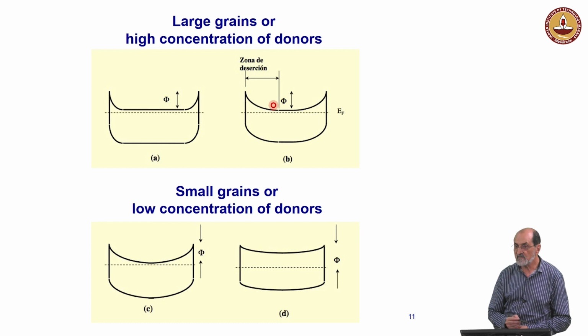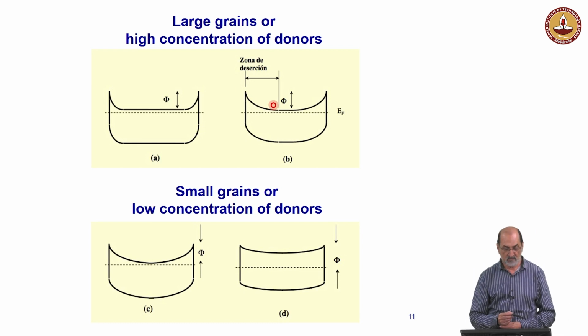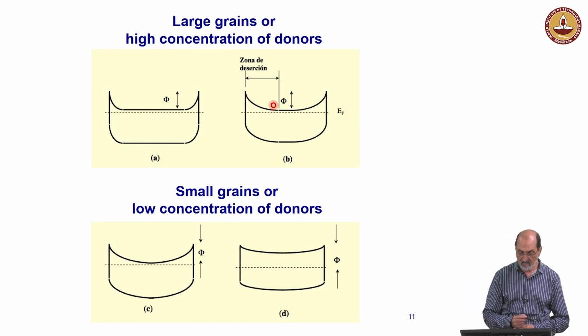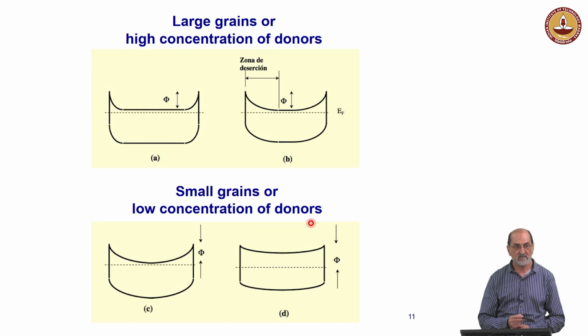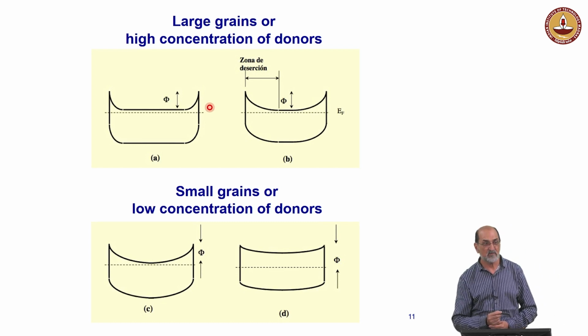And if the grains are small enough, or the concentration of donors is not very high, we can have a situation in which we have a completely depleted grain. If that happens, the conductivity mechanism is completely different. We don't have those Schottky barriers to overcome. That is why larger grains behave differently than small grains.